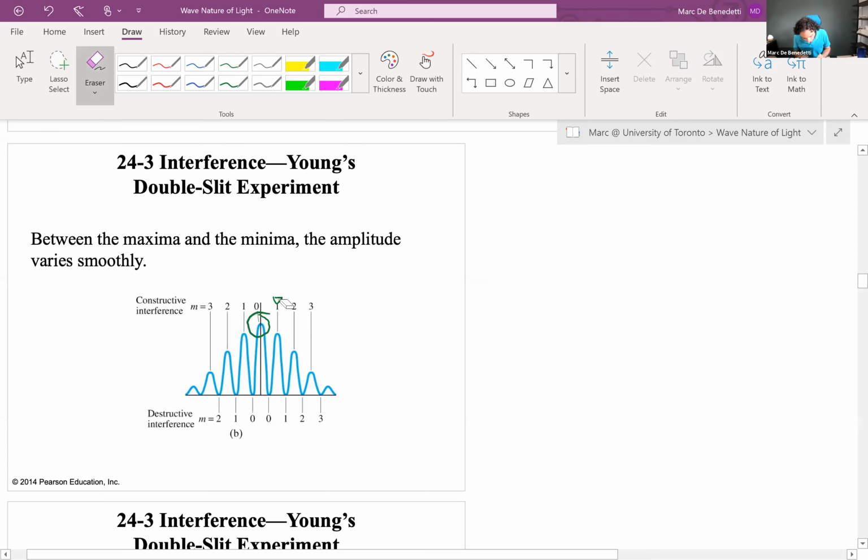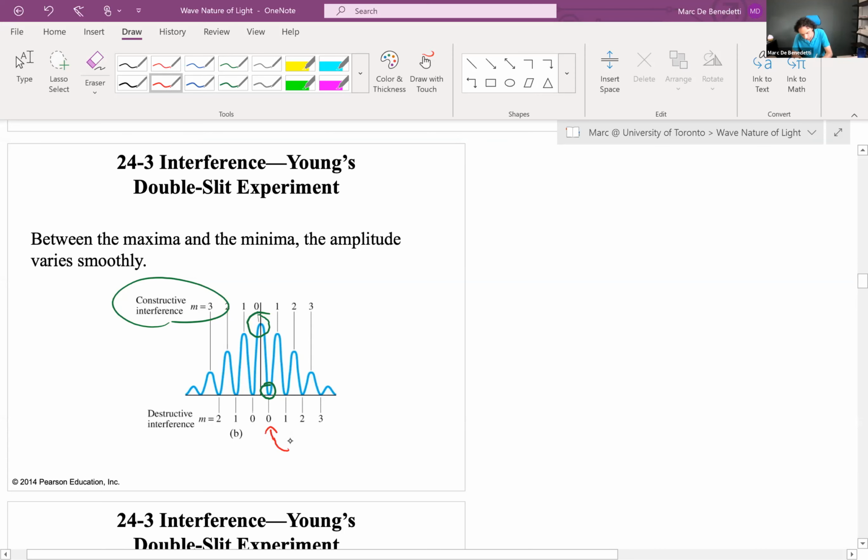Okay, so we label these with the m values. So m equals 1 would be the first bright fringe. Now, if you look at the dark spots, however, the first dark fringe does not happen at the middle. The first dark fringe happens, again, on the side. And we say the first dark fringe actually occurs when m is equal to 0.